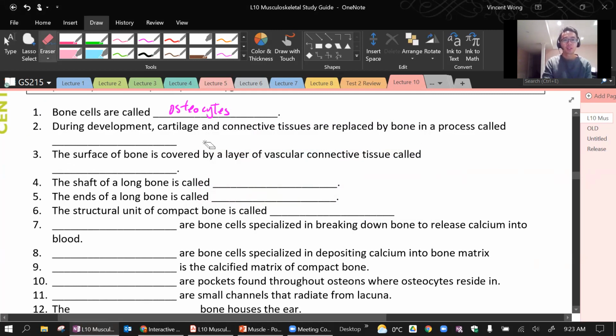During development, cartilage and connective tissues are replaced by bone in a process called ossification. The surface of bone is covered by a layer of vascular connective tissue called the periosteum.